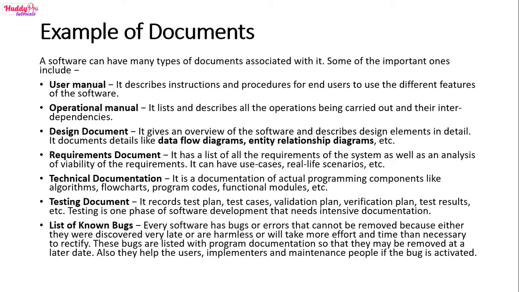If the bug is activated, at some point the bug can now become harmful. So if it's activated, then the implementers or the maintenance people will have that knowledge about the bug and can fix it. So it's very important to have the list of the known bugs in the software.